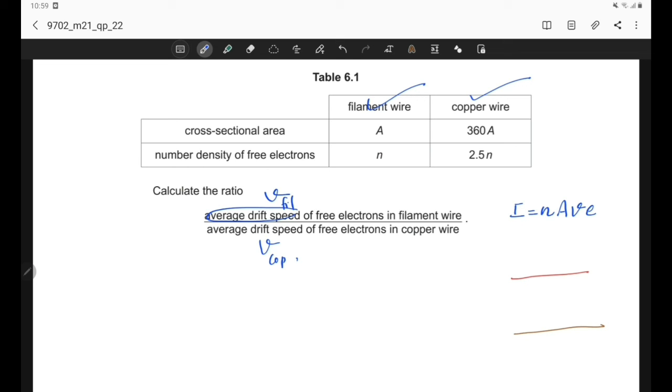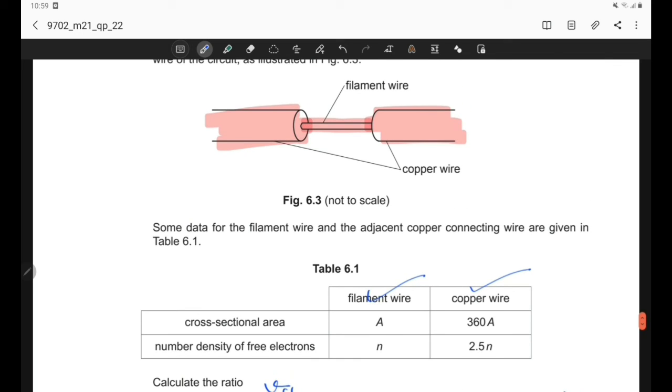And in this equation, I is the current flowing through the wires, and as both the copper and filament wires are in series, the current flowing through both the wires will be the same. So we can use the same symbol to represent current.